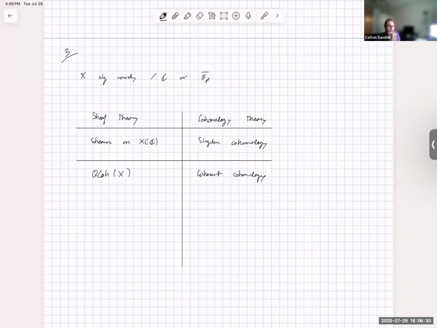But this is very fundamentally different in flavor than singular cohomology. Some other examples, which might be familiar or not, are D-modules on X, again assuming that X is over C or something. And when we do this, we can recover de Rham cohomology.